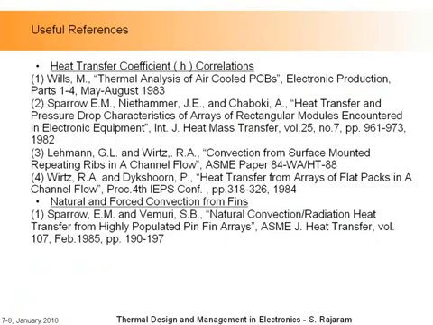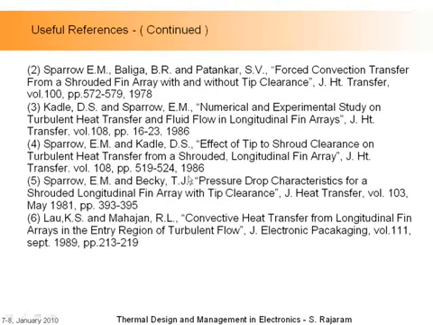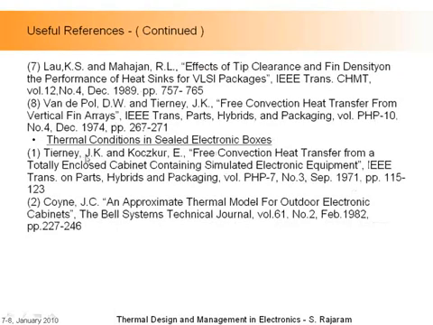Okay, so I'm giving you some useful references here. There's heat transfer correlations in electronics. There are 4 correlations that are shown in this chapter. There are a number of others for fins and pins. And then, of course, for sealed boxes, there are other references that are shown here.